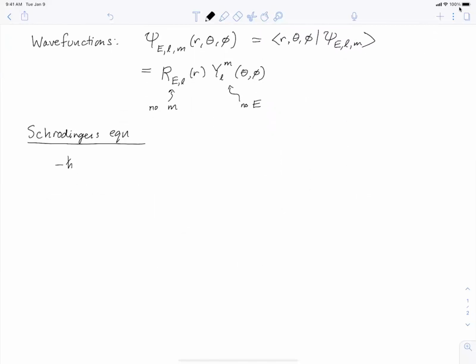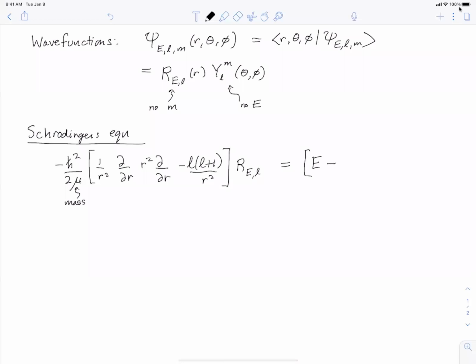Minus h bar squared over twice the mass, which, reminder, mu is what we're calling the mass, so we don't get it confused with the magnetic quantum number, times 1 over r squared partial r of r squared partial r, minus L times L plus 1 over r squared, all acting on our radial wave function, is equal to the energy minus the potential acting on our radial wave function.